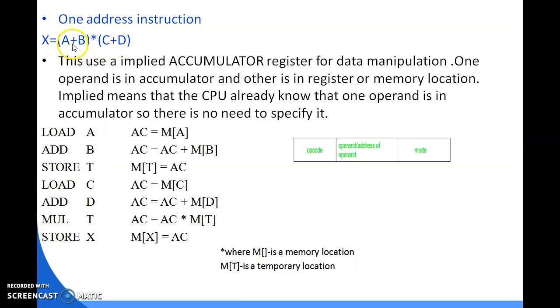When you calculate a plus b, the result of a plus b should be transferred to a temporary location, because you have only one address now. If you free that location, then c plus d is allowed to manipulate that result. So you have to free that location of a plus b. That means this a plus b you have to transfer to another location, a temporary location within the memory.